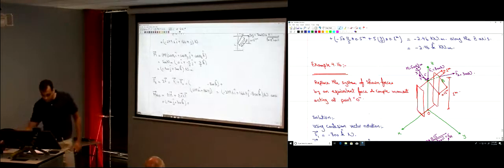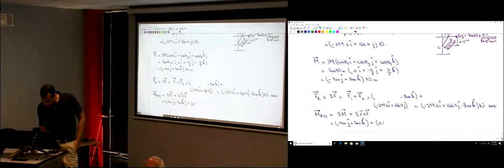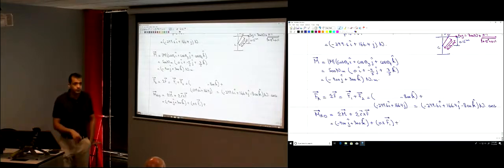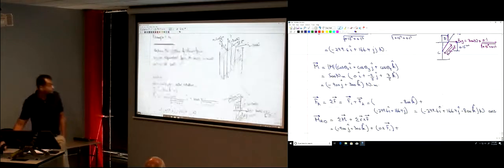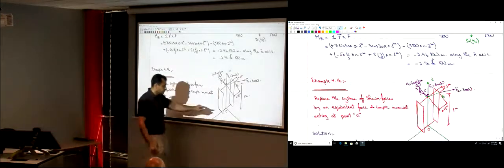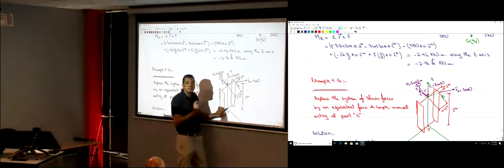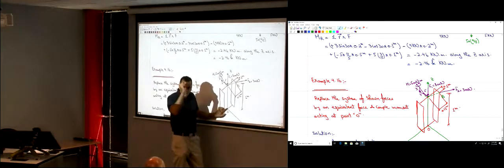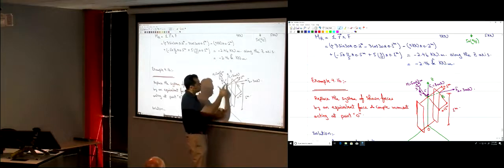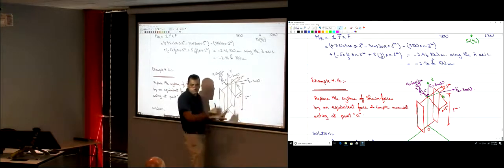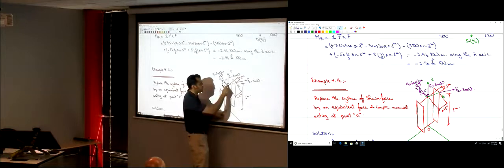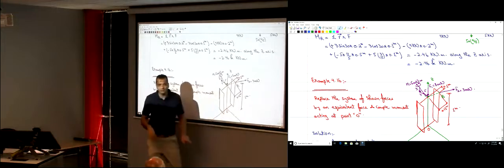So now we have 0 cross F. It was F1. I mean, there's no position? The position, I'm measuring from the point where I'm taking the moment about to any point on the line of action of the force. This force passes through this point, so 0. I can measure it from here to here, or here to here. It's not going to make any difference.